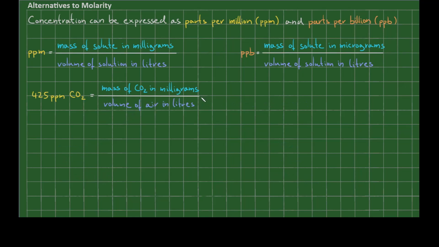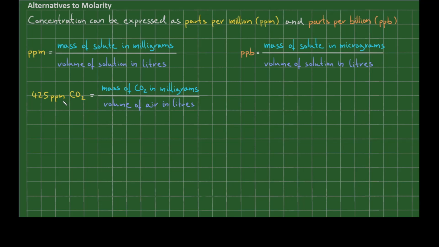However, when we talk about atmospheric composition, we have to be careful about our units. They are not the same as before. When we say 425 parts per million of carbon dioxide in the atmosphere, we are not saying that the mass of carbon dioxide in milligrams divided by volume of air in liters will give us this number.